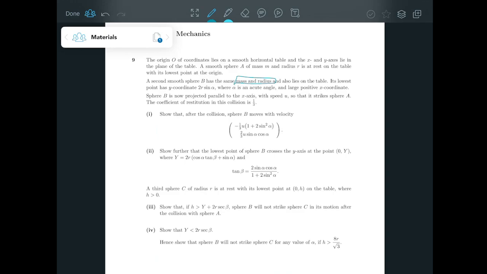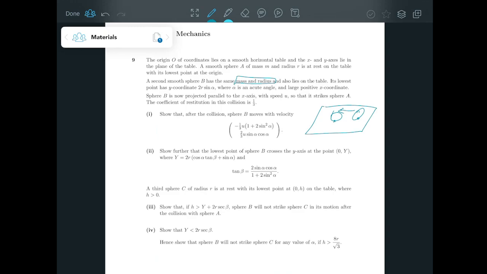Its lowest point has y coordinates, so I've got some kind of surface. I've got a sphere and then another sphere at certain points. B is projected parallel to the x-axis and strikes there.